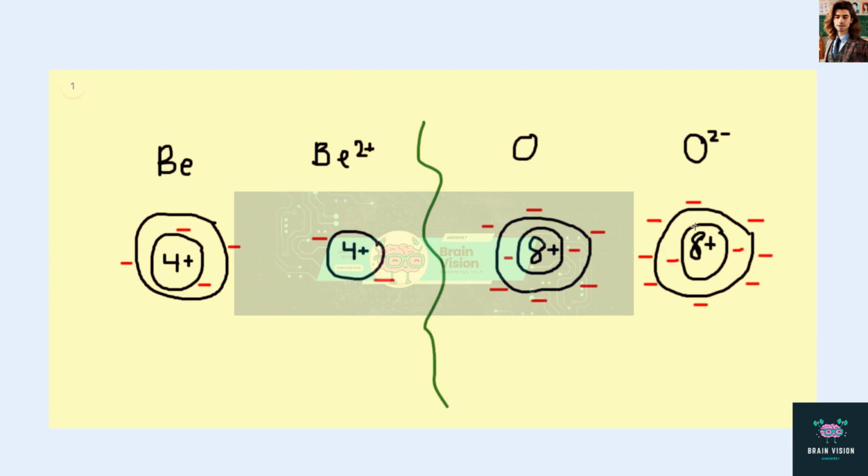So when we have an anion, its atomic radius is larger than that of a neutral atom. Atomic radius here increases for an anion, but when you move from the neutral atom to a cation, the atomic radius decreases.